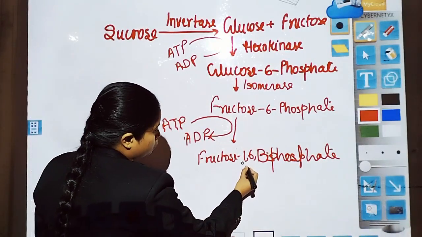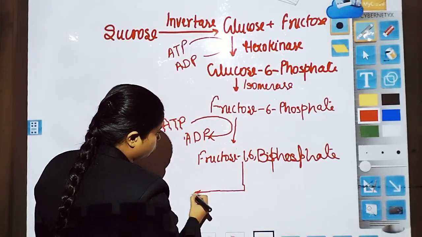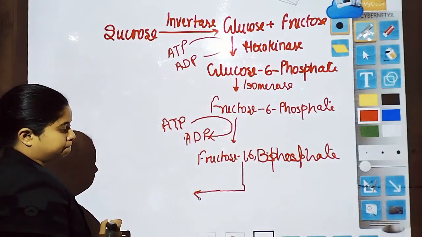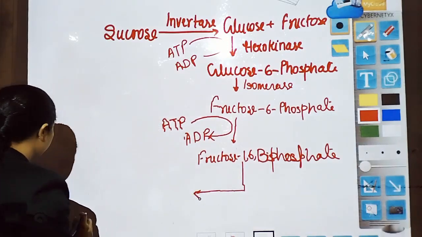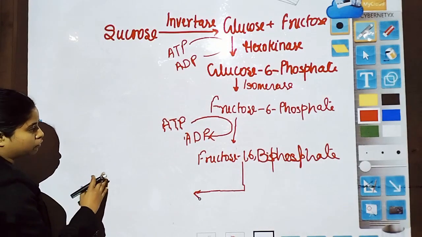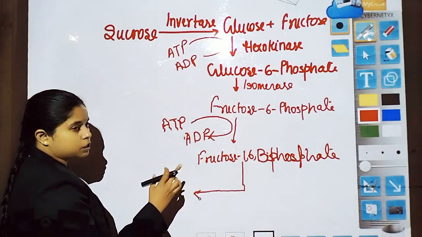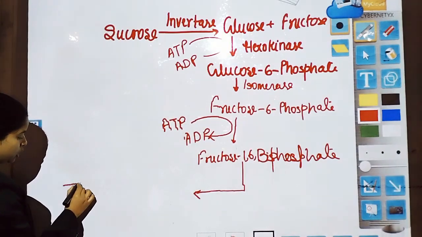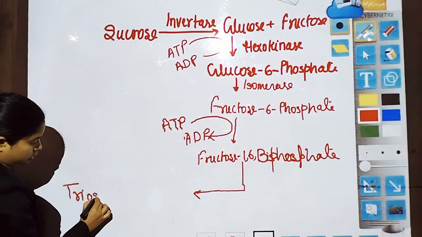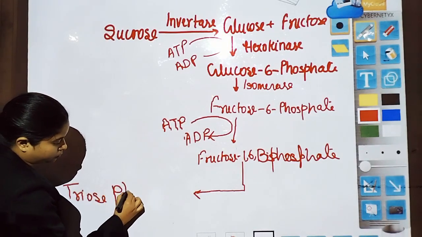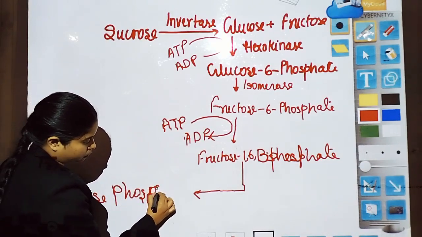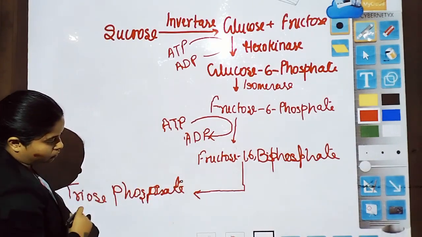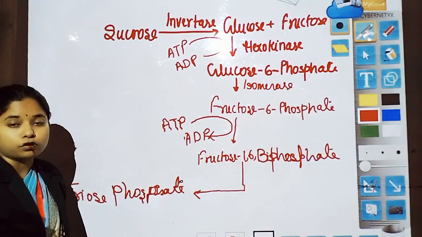Now fructose 1,6-bisphosphate undergoes partial breakdown to form triose phosphate.